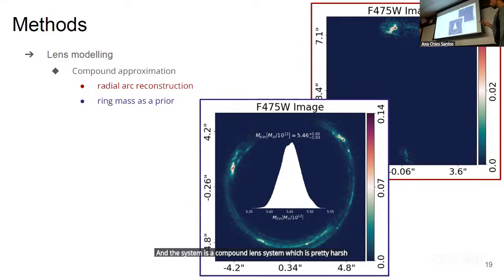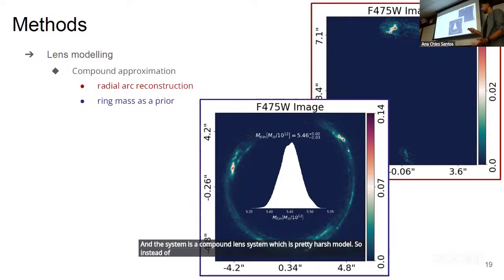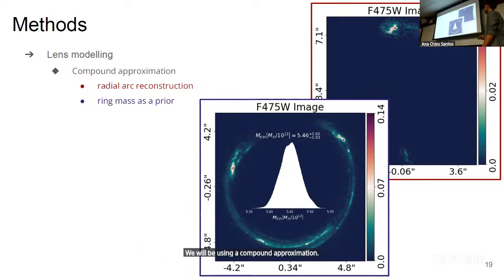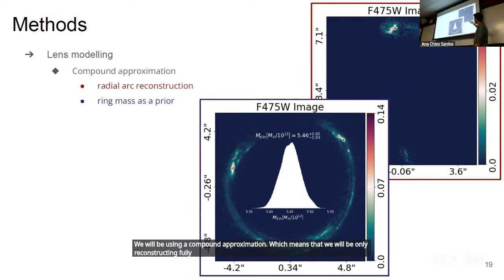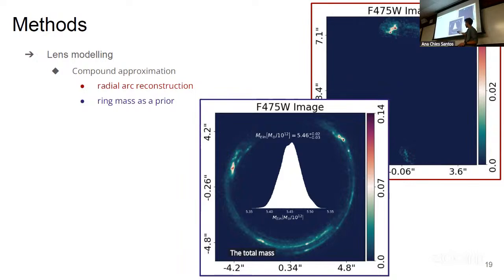So instead of reconstructing both sources at two different redshifts, we'll be using a compound approximation, which means that we will be only fully reconstructing the radial arc. So this image in red right here. And for the ring arc, this one, we will be only ensuring or forcing the model to reproduce the total mass within this arc.